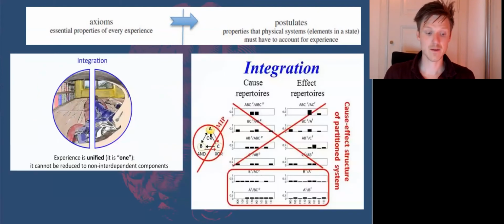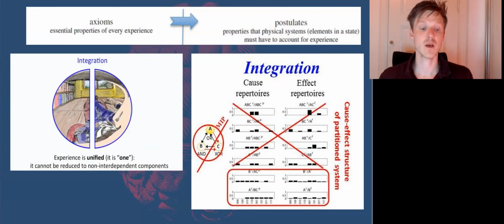Yeah, and the fourth axiom is called integration, and this is a really important one. So experience is unified, it is whole, meaning it cannot be reduced to individual parts. If you reduce existence to individual parts, then there's no reason to have the experience of a whole unified experience.